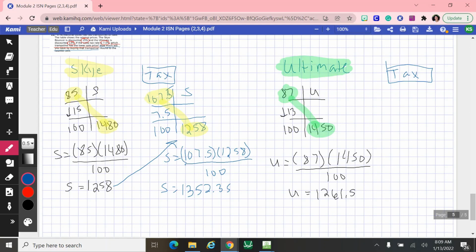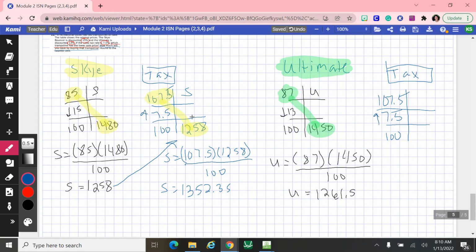For the Ultimate, for us to find the sales tax, we're doing very much the same thing. So we know that it was 100 in the lower left-hand corner. The sales tax was 7.5%, so 107.5, because we are adding the sales tax here. If you want, you can go in and you can draw that up arrow because we're using the skill that we learned yesterday.